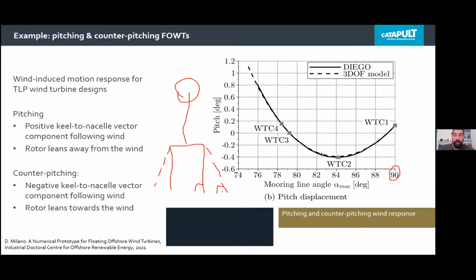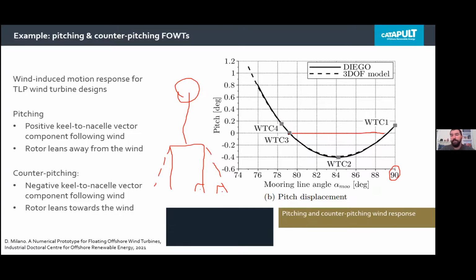So interestingly enough, there is a first point where the wind turbine stops pitching at all in response to incident wind. And then there is an entire interval within which the wind turbine becomes counter-pitching before switching back to a pitching behavior.